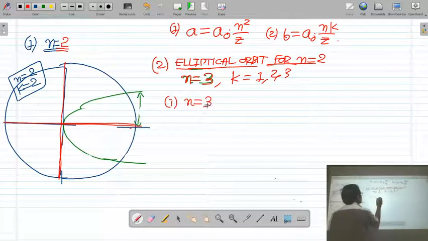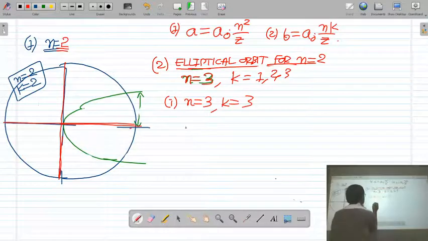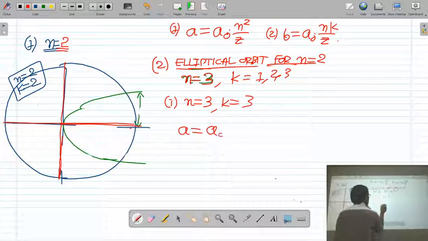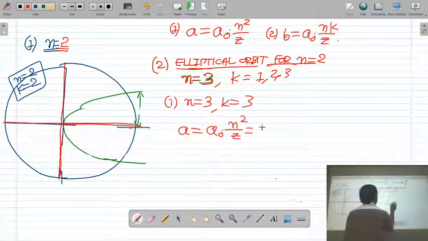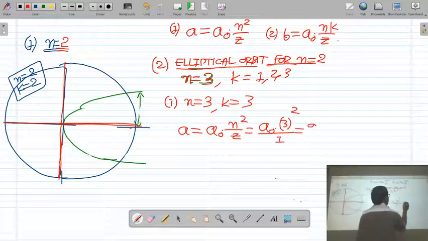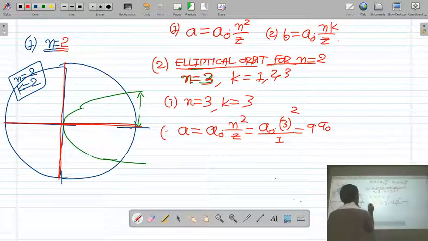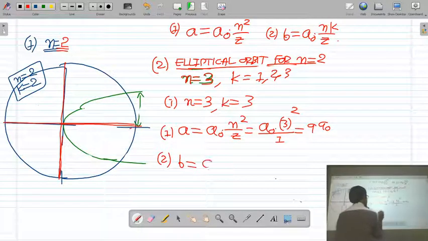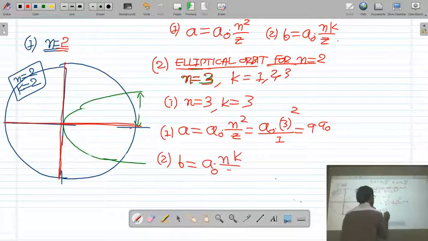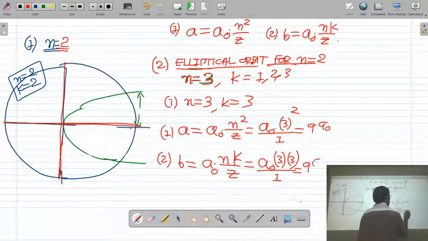Okay. First case we discuss. We take n is equal to 3 and k is equal to 3. Let us calculate semi-major axis and semi-minor axis. Semi-major axis is a0 n square upon z. A is equal to the Bohr radius, n is 3 square, z is 1, so 9a0. Now we calculate semi-minor axis. Semi-minor axis is a0 n k upon z. n is 3, k is 3, z is 1, so it is 9a0.